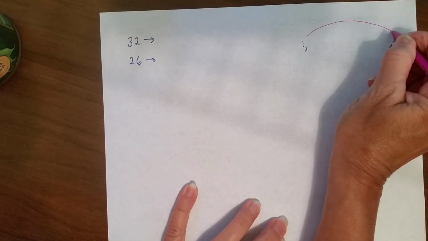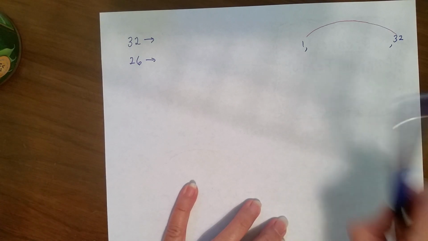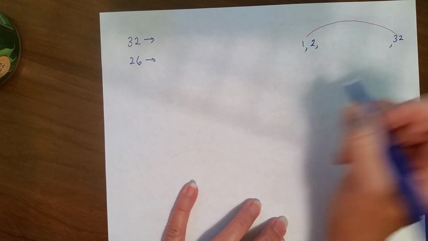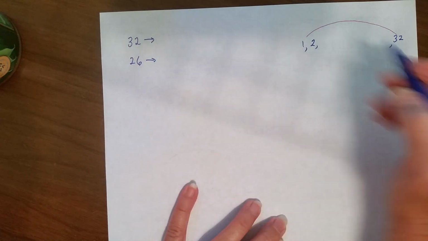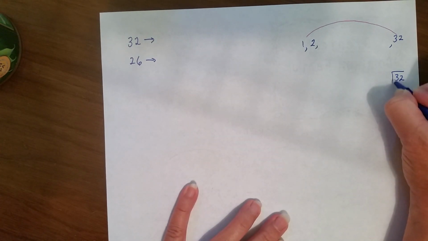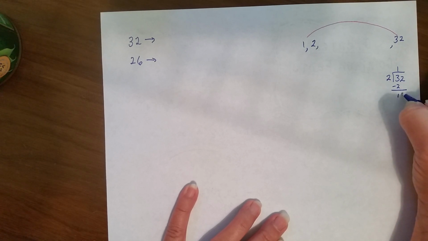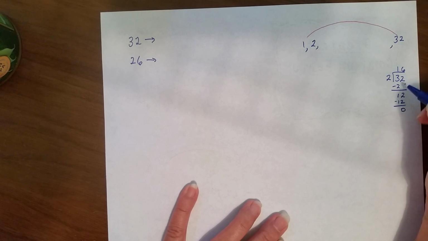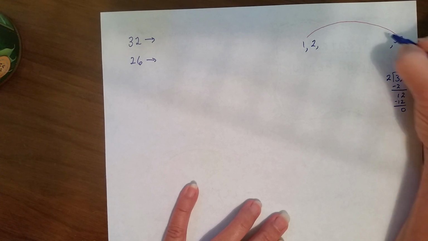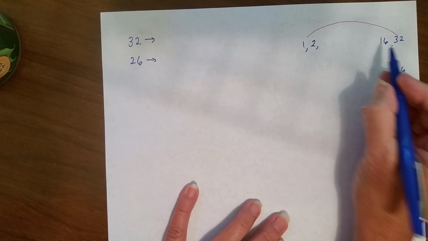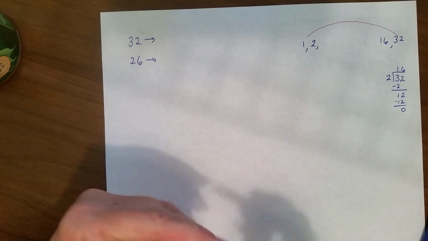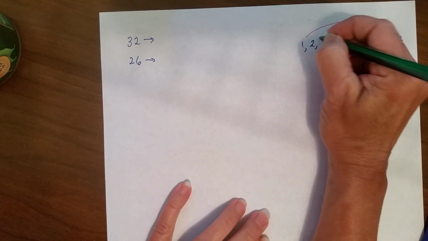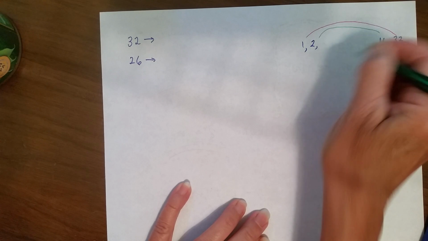Is 32 divisible by 2? Yes, it is, because 32 is even. So 32 divided by 2: 2 times 1 is 2, you get 1 left over, bring down the 2. 2 times 6 is 12, and you have 0 remainder, and it's 16. So 2 times 16 is 32.